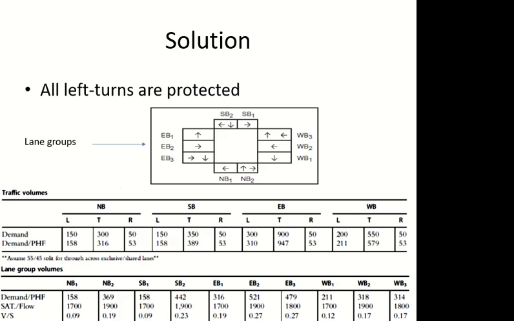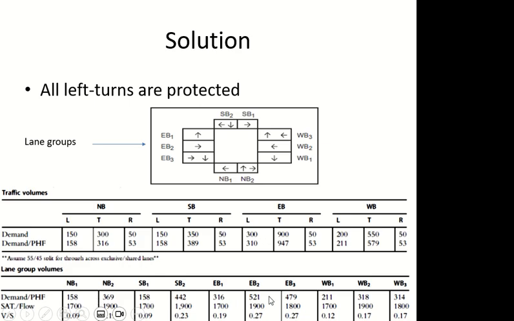Okay, thank you. So you have the flow rates, you have the saturation flow rate. Now you will take the ratio of these two things for every lane group. We have 3 lane groups for east and west, 2 lane groups in north and south. For each one of them, they have taken the V by S ratio.